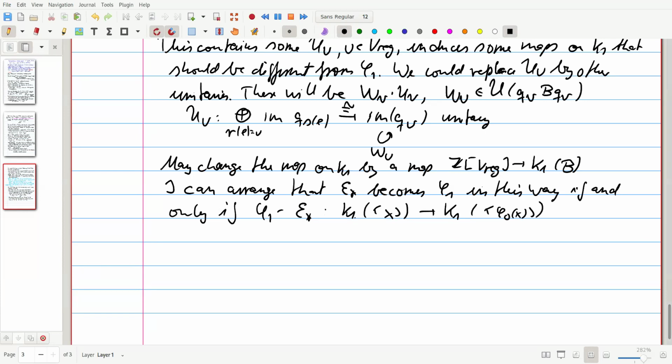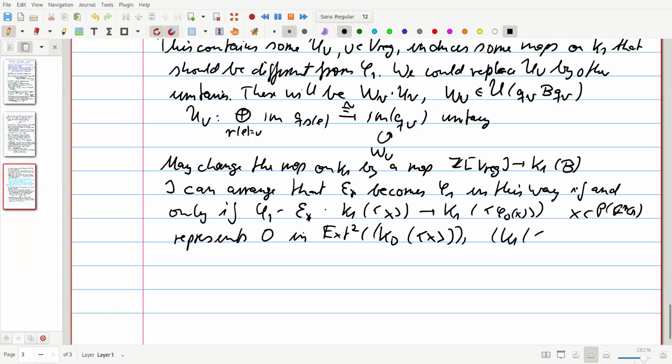So I'm looking now at the maps between K1 of this ideal to K1 of the ideal, which is coming from phi 0 applied to this. So X would be something in P of my graph C-star algebra. And this map represents 0 in an X2 for this K0 diagram into the K1 diagram. Well, maybe this is phi 0x.